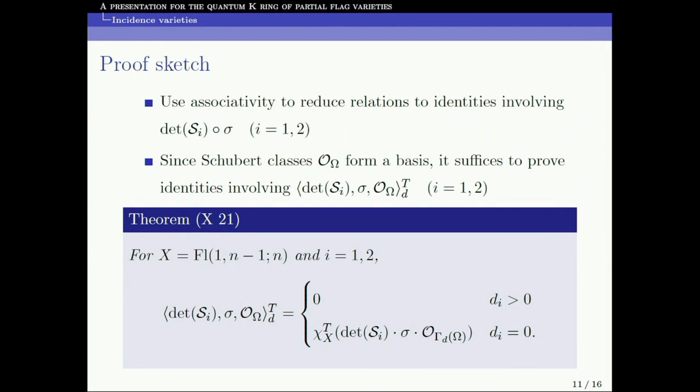are either 0 or equal to this classical invariant. Here, gamma_d of omega is the curve neighborhood Leonardo was talking about. It's always a Schubert variety, and we know exactly which one it is. So the right-hand side is just a computation in classical K-theory, and it's pretty manageable.